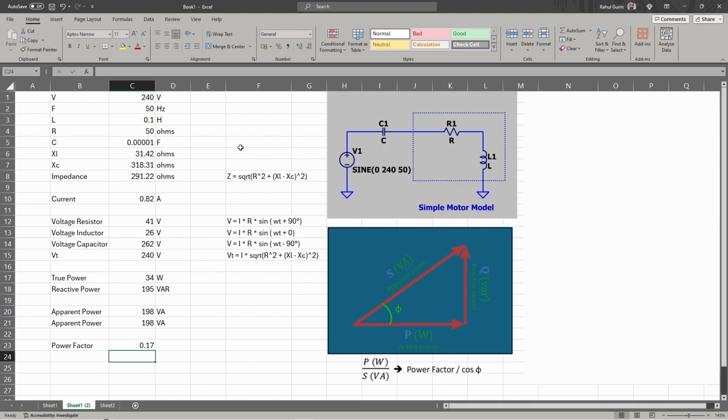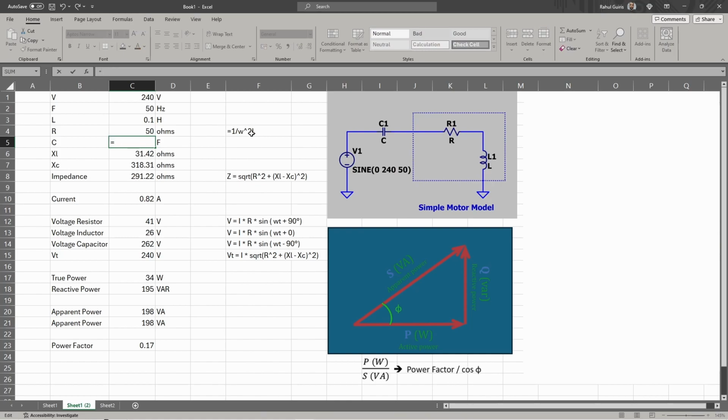So from The Art of Electronics, we were asked to set the capacitor value as 1 over omega squared L. So let's do that and see what happens to the power factor. What I'm going to do here is set the capacitance value equal to what's been given to us in The Art of Electronics.